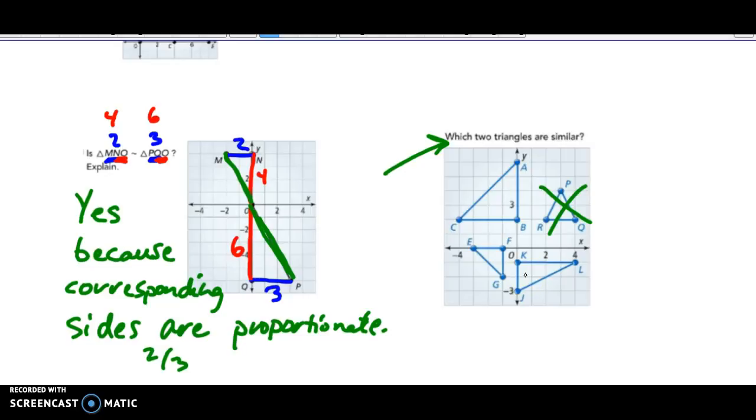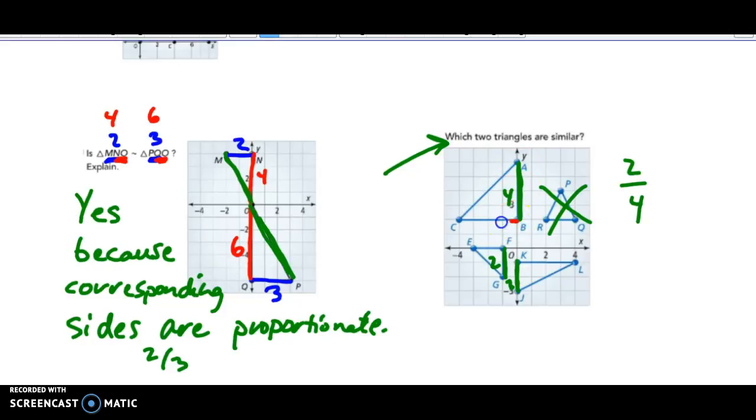So I need to compare side AB to side FG. And this is 2, this is 4, and this is 2. So far, both of these smaller triangles are in a 2-to-4 proportion with this larger triangle ABC.